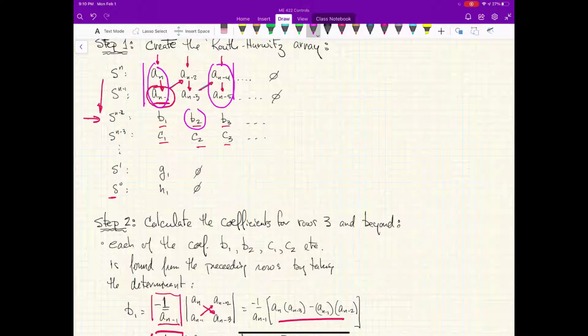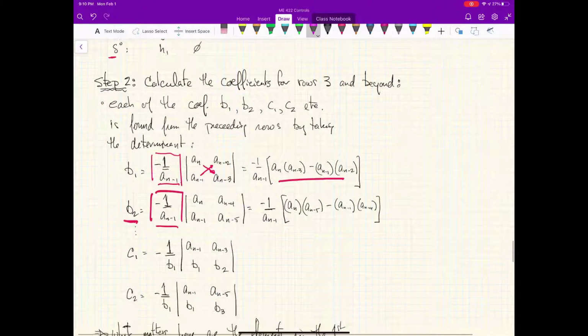So in the case of B2, the next column to the right of the column that B2 is on is going to be column 3. And so the terms that I'm going to have on my determinant for my second column are going to be a sub n minus 4 and a sub n minus 5. And that's what I've got over here.